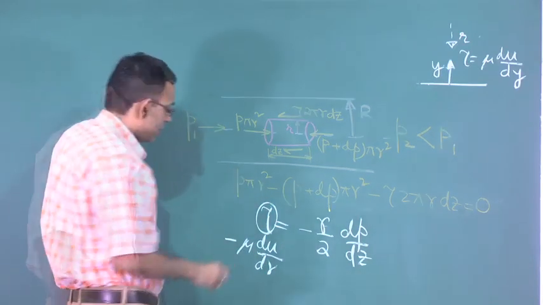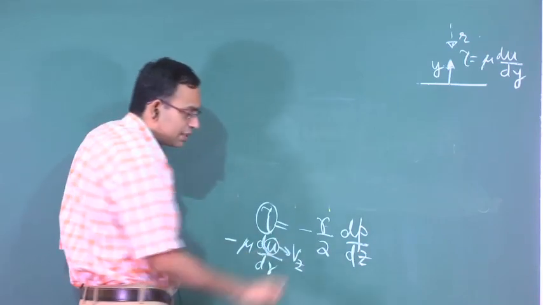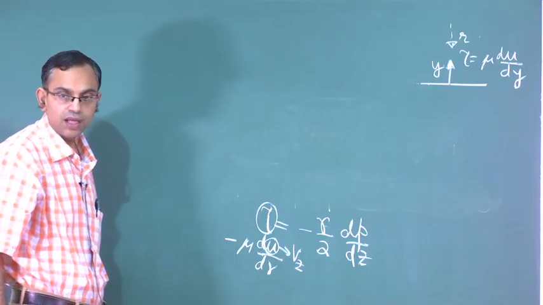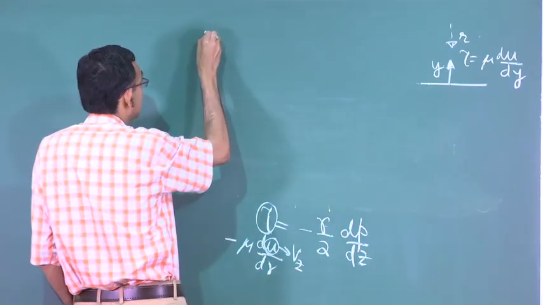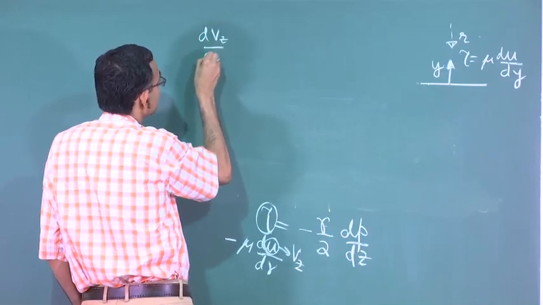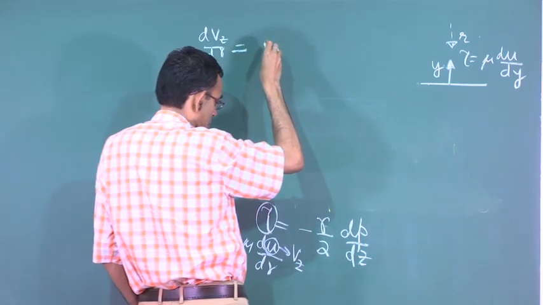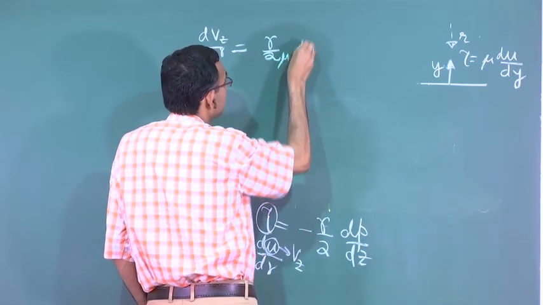So this u is nothing but the velocity in the z direction. So we will call it Vz. Z is the axial direction of the tube. So dVz dr is equal to r by 2 mu dP dz.